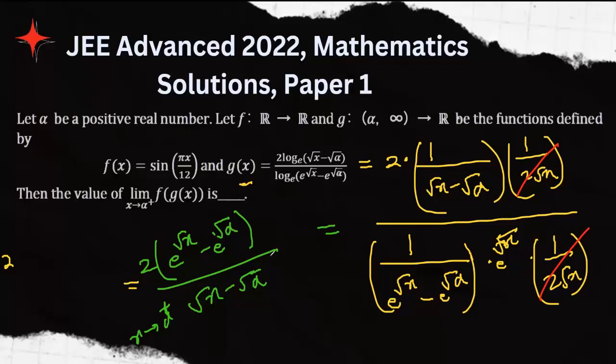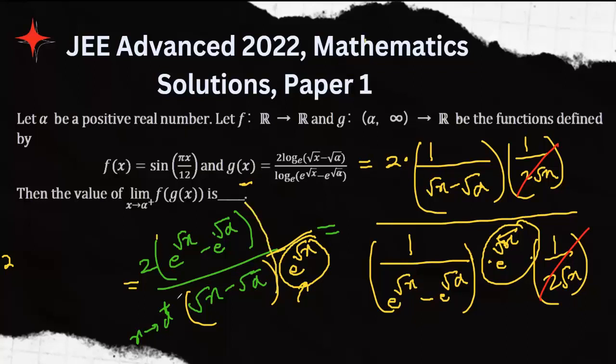Numerator will give me, and by the way, I had this e to the power root x here also. But see, when two functions are multiplied, so this was like this into e to the power root x. So I can now put the limits for e to the power root x, x tending to alpha. This will become e to the power root alpha. Okay. And this is multiplied with the rest of things.